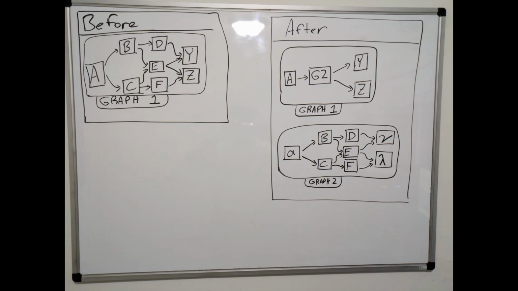And graph two is basically that chunk of the graph that's been pulled out with some port nodes around it. By port node, I mean the ones labeled alpha, gamma, and lambda on the edges there. They don't stand for the idea of content here. They're standing for the idea of abstraction boundaries.